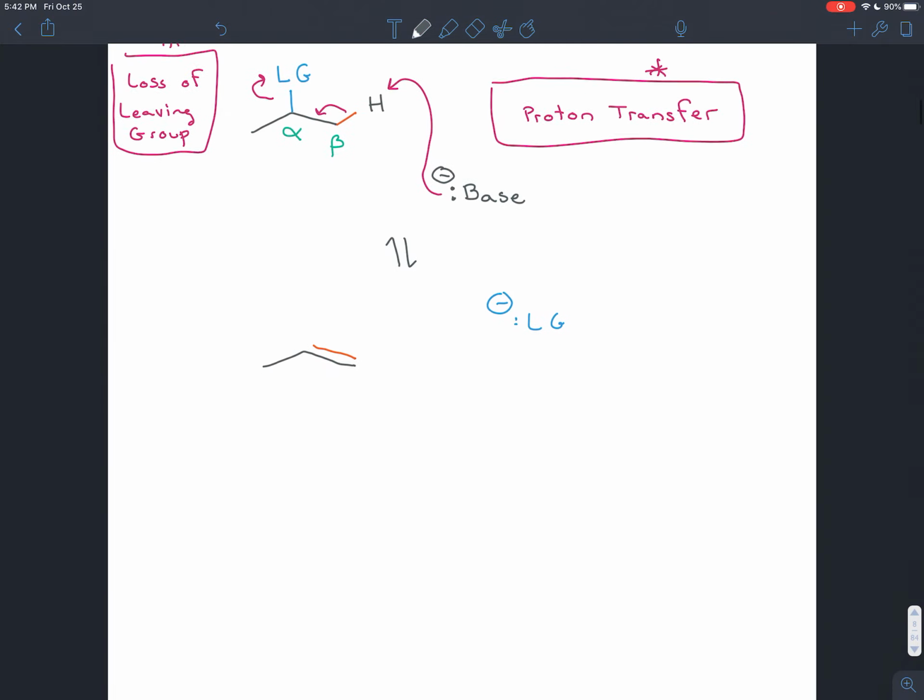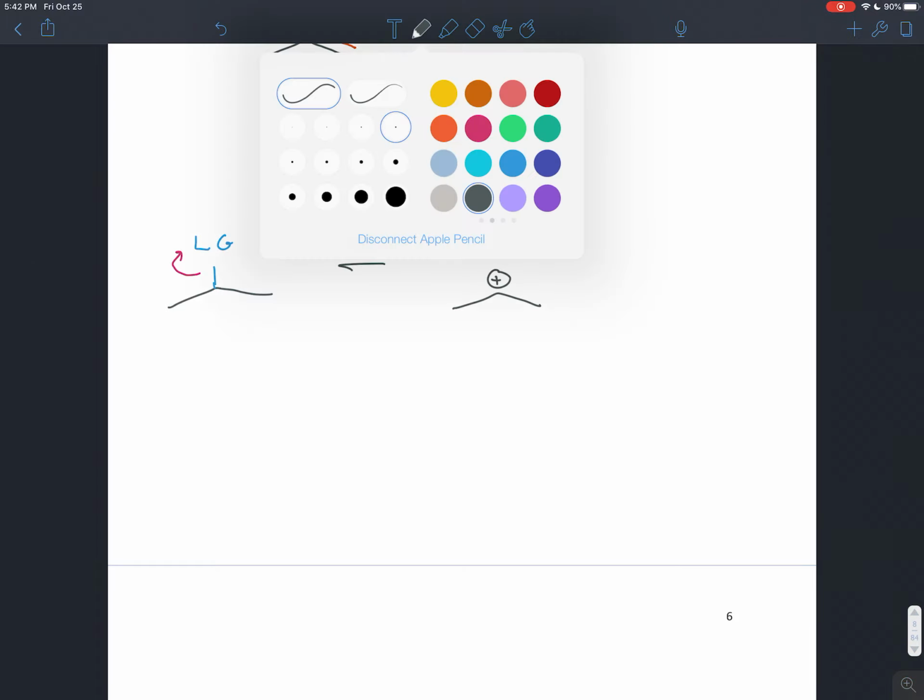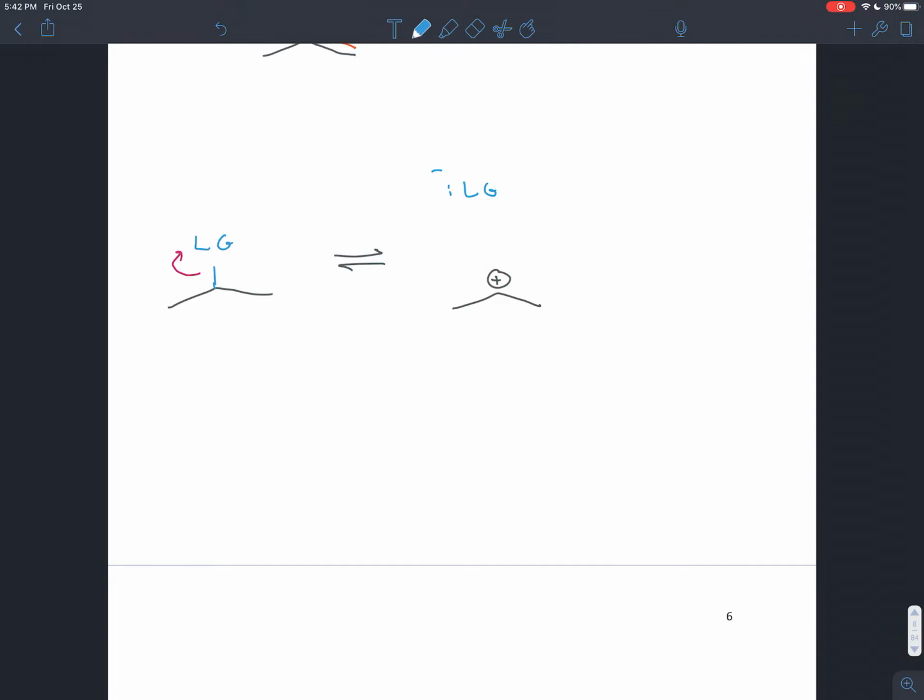And you could imagine having that same mechanism, those same two steps, happening one at a time. So for example, you could imagine having the leaving group leave as one first step that happens all by itself. You could have a carbocation intermediate, and then you could have a base, as a second separate step, steal the beta hydrogen.